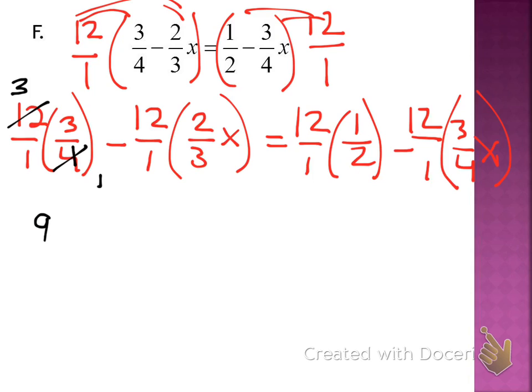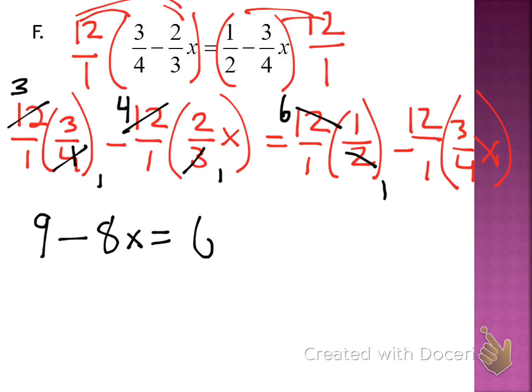So we have a 9 up front minus 4 over 1. So 8x equals 1 and 6 minus 1 and 3.